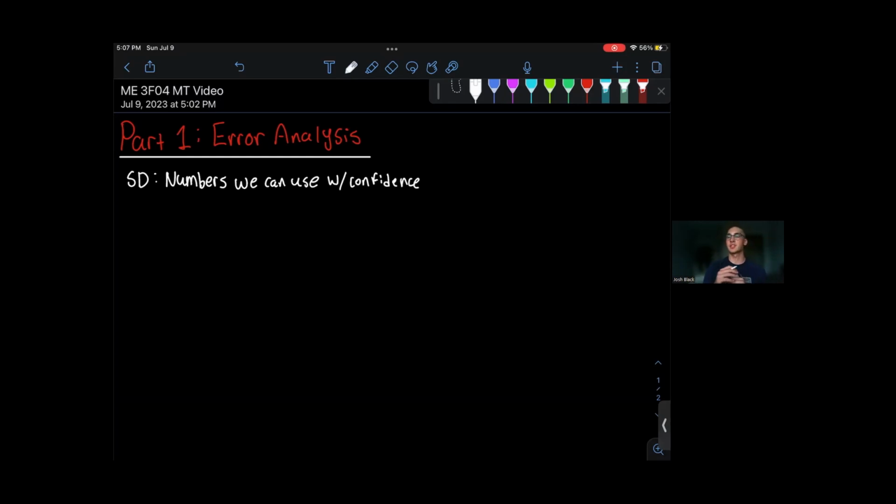If we're given a speedometer and it has little ticks, we can usually see the tens numbers or the tens numbers and fives. The numbers that we can actually see, along with one estimated digit, are what we can consider to be significant digits. So we can be using the number of certain digits plus one estimated digit.